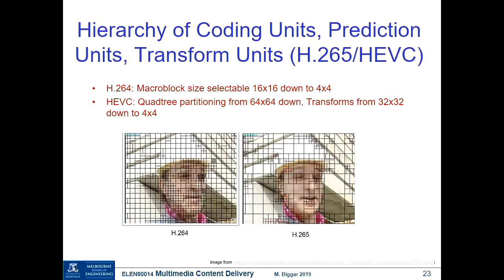So H.264 had the macro block size selectable 16 by 16 down to 4 by 4. HEVC extended it even more to a quad tree partition that starts from 64 by 64 down, and it also allowed transforms from 32 by 32 down to 4 by 4. So a lot of adaptivity.